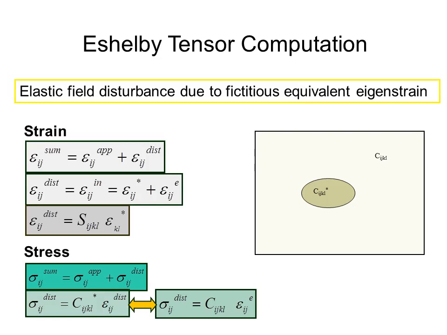The SLB tensor is uniform when the eigenstrain is uniform, as we saw in the previous slide, and the challenge now is to find the SLB tensor when the eigenstrain has polynomial terms.